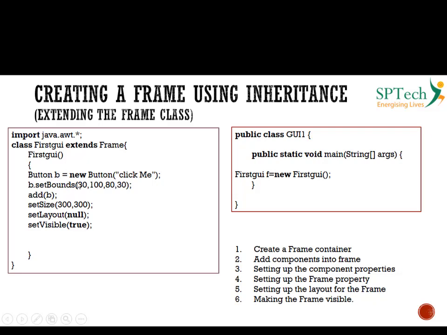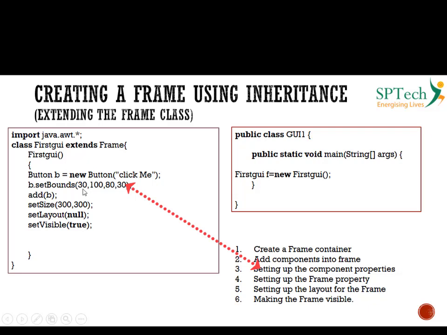Now once this button object is created, I am going to set up the boundaries of this particular button. Remember that button is a component and I am going to set up the component properties. So what are the properties of this button? First I have to mention where this button is going to appear inside the frame.